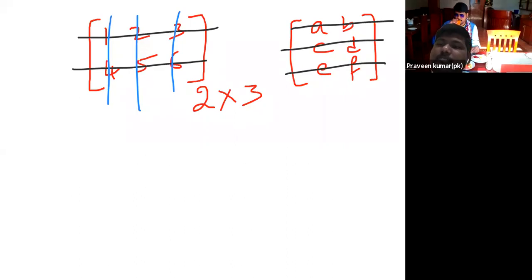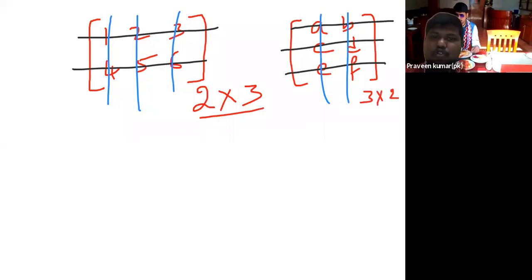How many columns? 2 columns. Then what is the order of the matrix? 3 cross 2. 3 rows, 2 columns. First you always say rows, second you say columns.